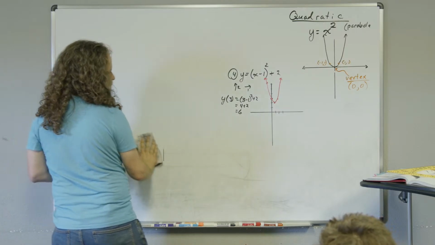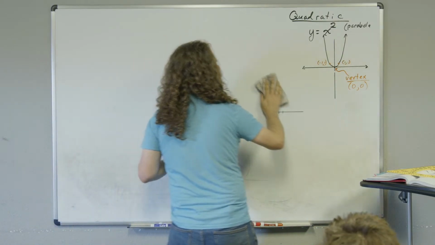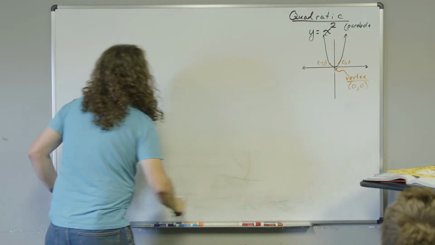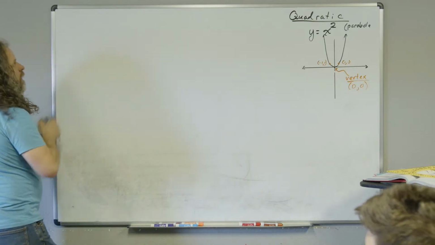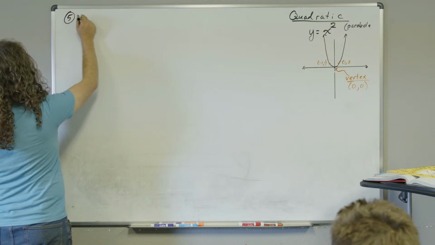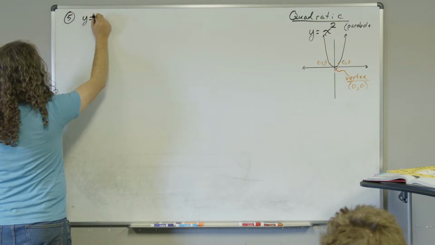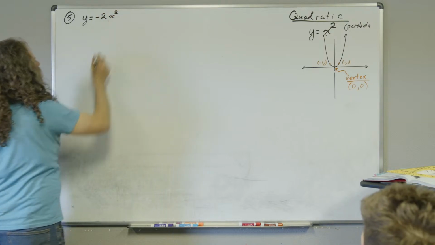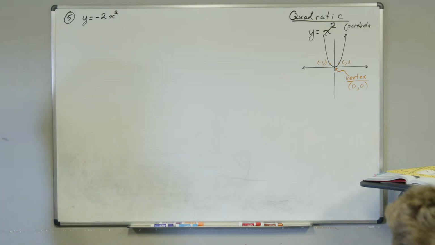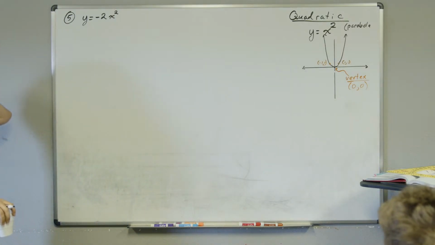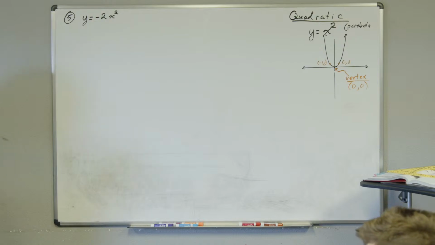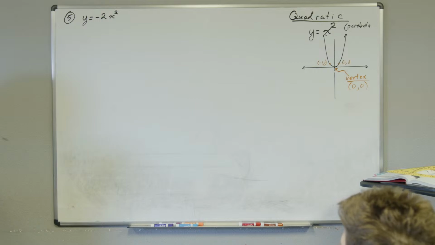A jumbo size. We are going to start messing with the A, so we could have a jumbo one. Example, what, 5 maybe? y equals negative 2x squared. Okay. How does this change it? It doesn't move up. No, that's not what happens. It doesn't move down either. What did I say the negative does on the A?